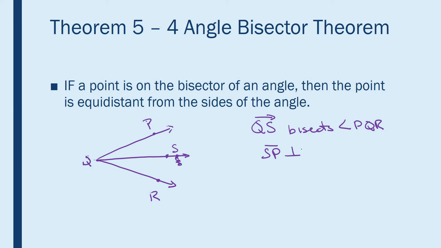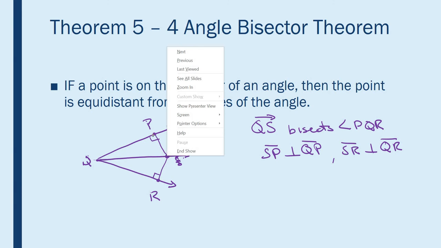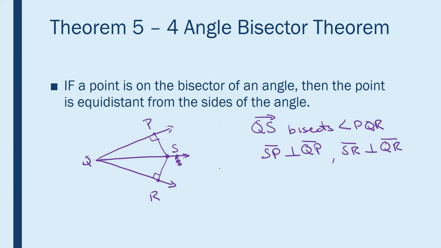SP is perpendicular to QP, and SR is perpendicular to QR. So I've drawn a bisector, then I've drawn some perpendicular lines to measure the distance from S to the two sides.